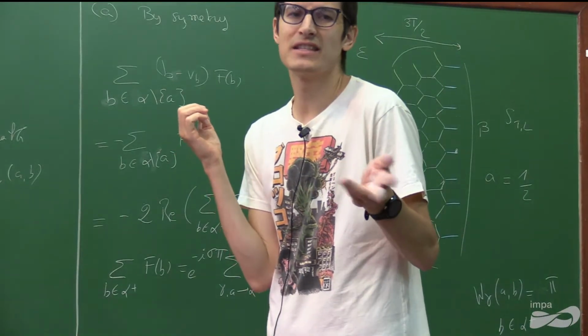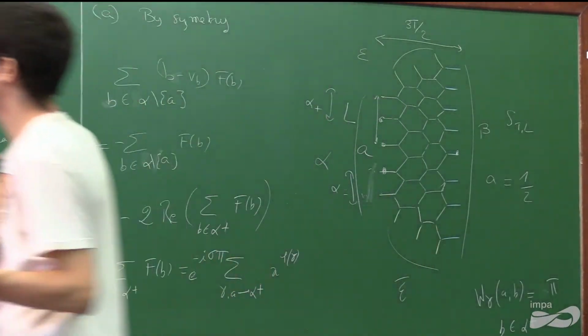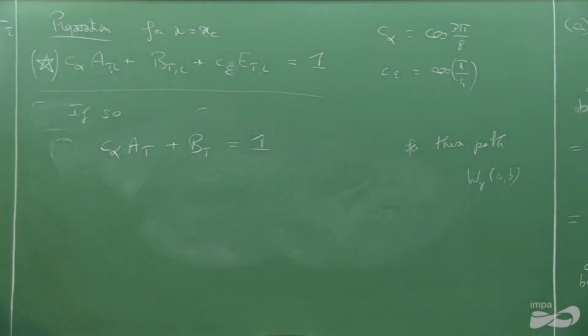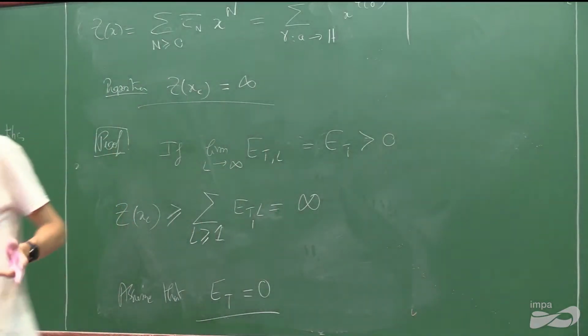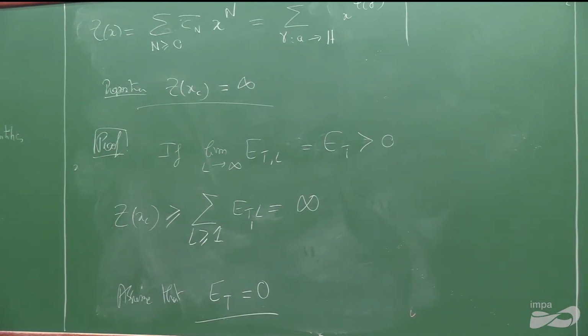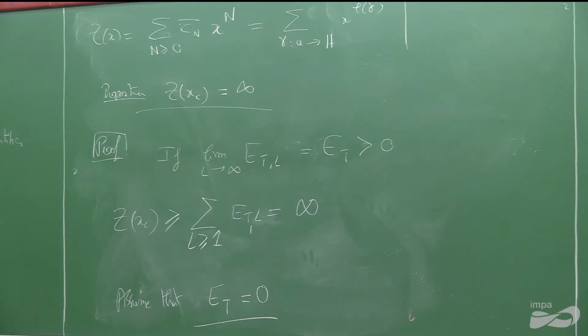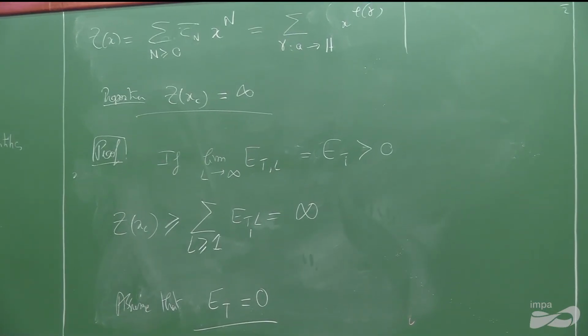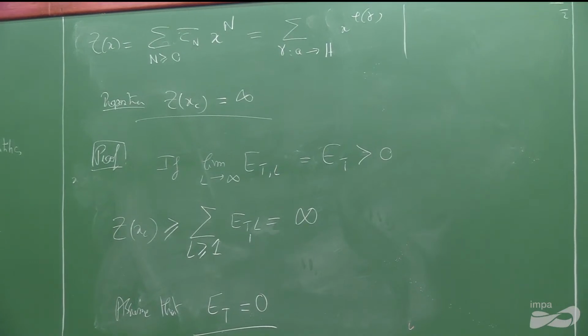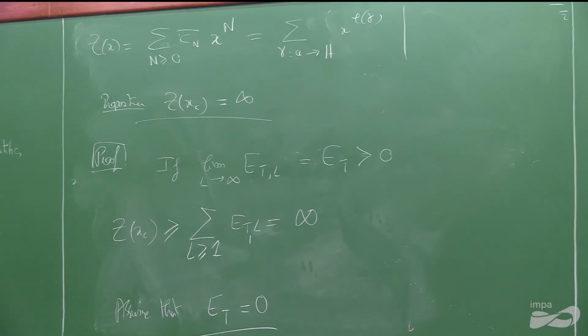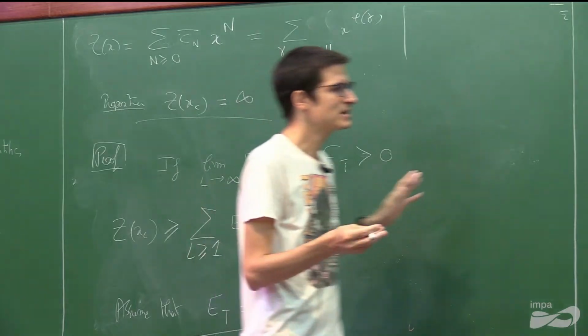So the fact that A_T does not converge to 0 will not help you to prove that Z(x) is infinite. So the bound you will get for Z(x) will be the sum of the B_T. Okay, and the B_T are the ones that are decreasing. So what we are going to show is that B_T may go to 0, but it cannot go to 0 too fast. So we are going to prove that the sum of the B_T is infinite using this identity and a bit more.